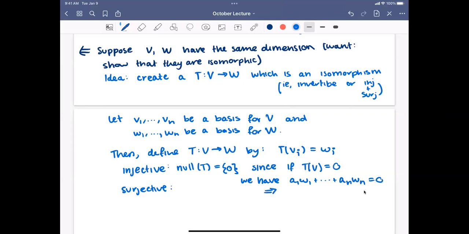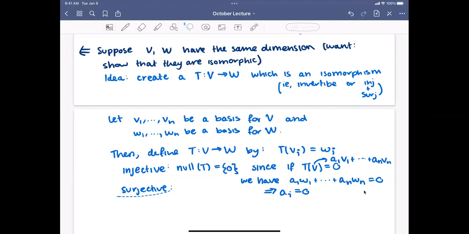And that implies that the A sub i's are all equal to 0. Where the A sub i's are those coefficients that write V in terms of this basis. Does that make sense? I feel like I went through it a little bit quickly.